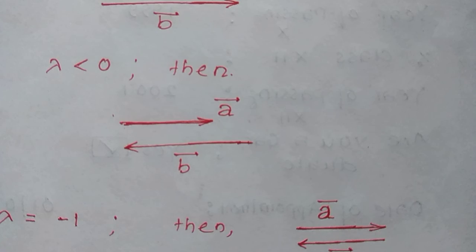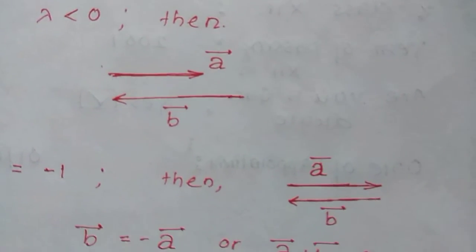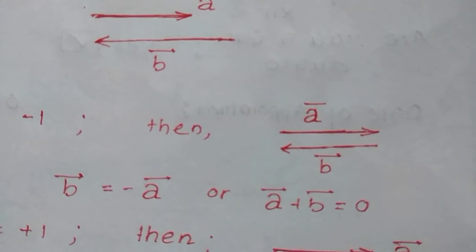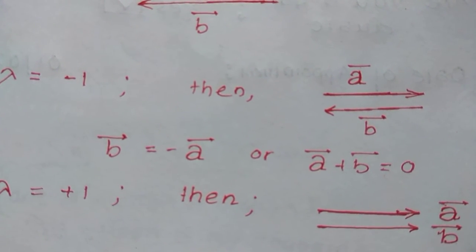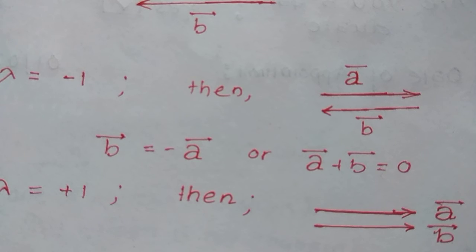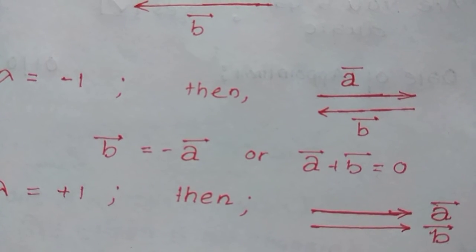If lambda is equal to +1, then B is pointing in the same sense and is of equal magnitude.